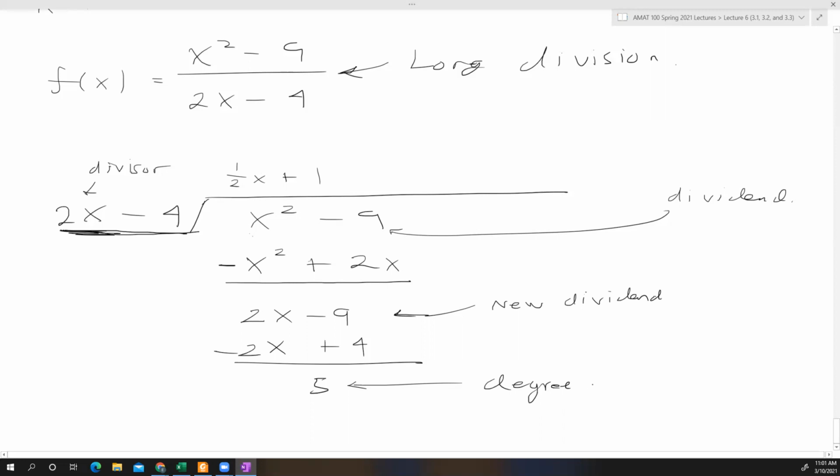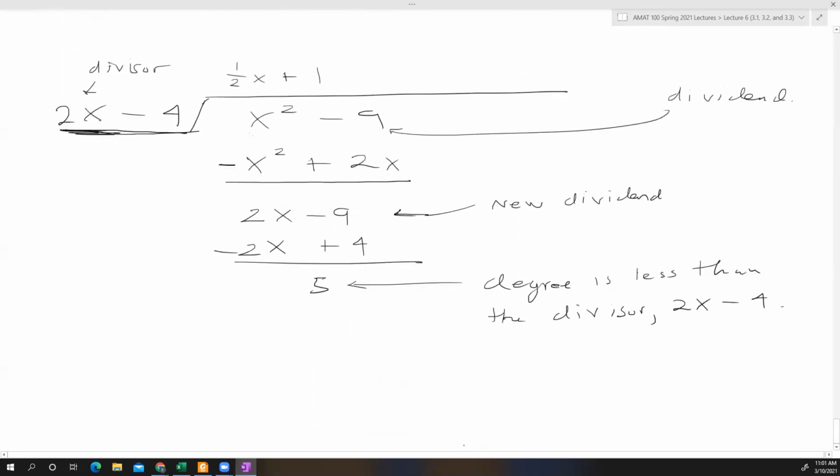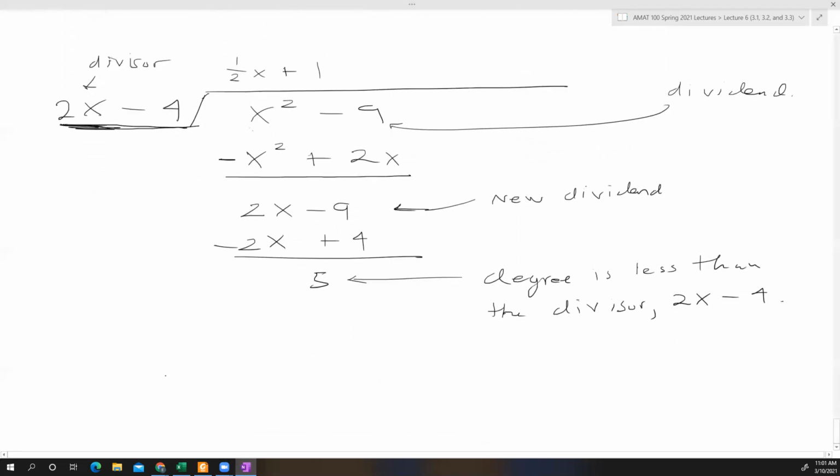So the degree of 5 is less than the degree of the divisor, which is 2x minus 4. What this means is that 5 is the remainder. So this right here is the remainder.